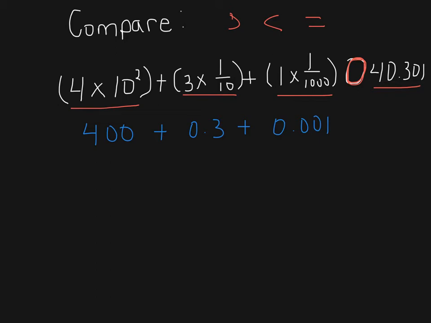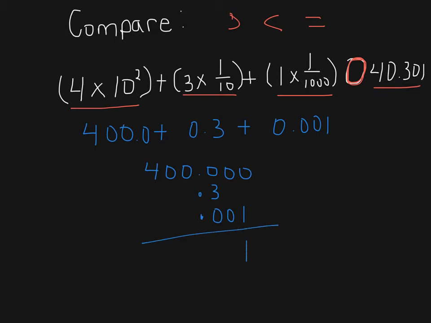And I would also recommend that you don't try to add them in your head across, especially if you're not really strong spatially. Go ahead and write them all down and make sure that you have your decimal points lined up. Remember, this 400 is actually 400.000, and then I'm going to add the 3/10 under that and the 1,000th under that.